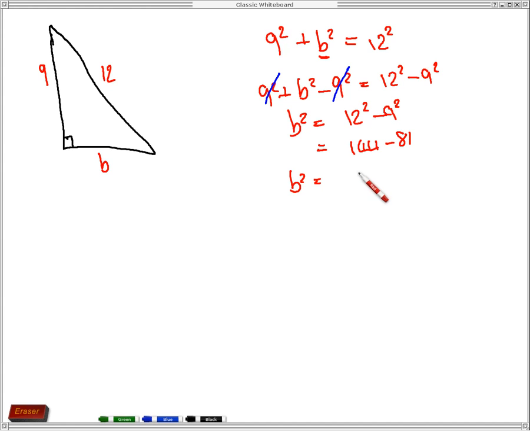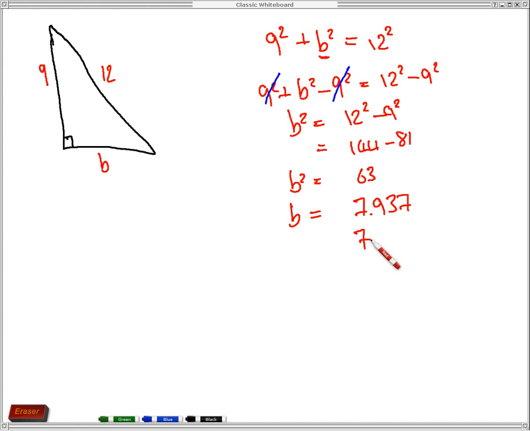So that's 63. So then B is equal to, take the square root of both sides, and that will give me my answer, which comes out at 7.937 off the calculator.